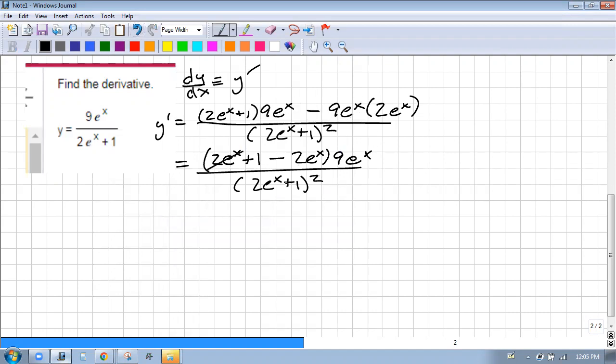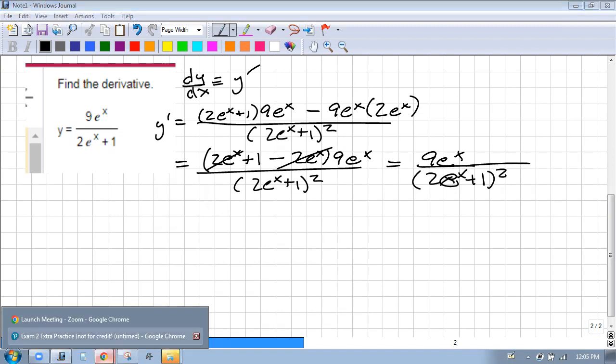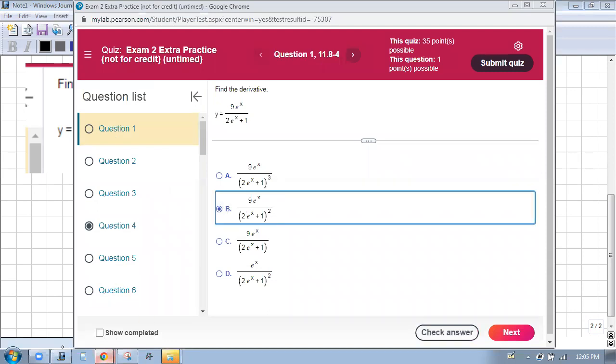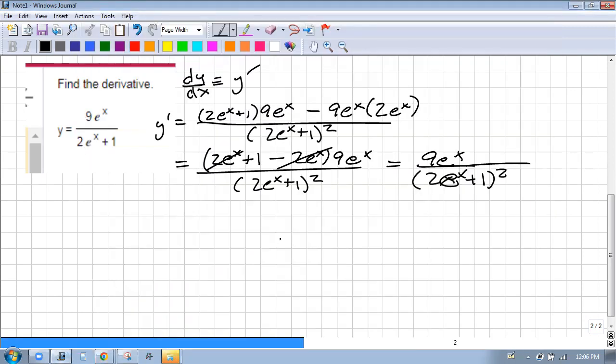And then those cancel. Yeah, exactly. Those cancel, and then we just have 1 times 9. So e to the x plus 1 squared. So that would be what? B. Boom.